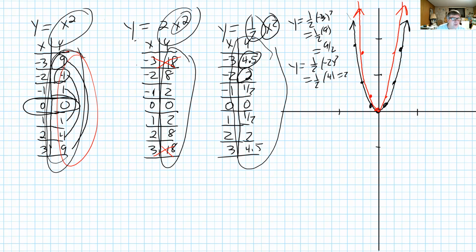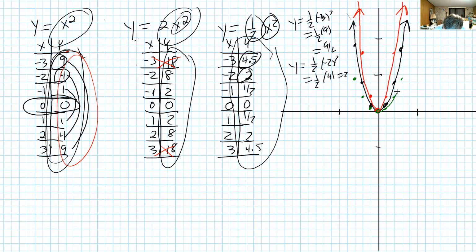Let's graph this in green. So -3, 4.5, -2, 2, 1/2, 0, 0, a half, 2, 4.5.